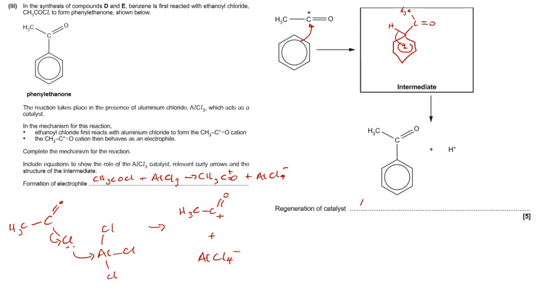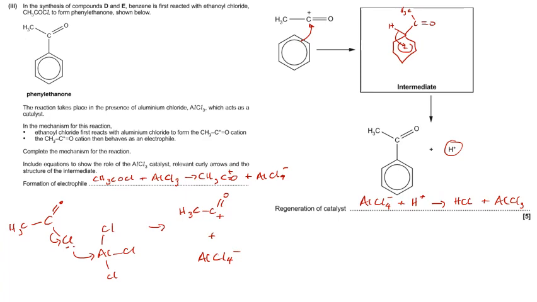If you remember, we have AlCl4 with a minus charge on it, and that's quite attracted to the hydrogen that has been expelled from the benzene ring, and so that takes a chlorine with it to make a hydrogen chloride molecule, regenerating the aluminium chloride catalyst, like so.